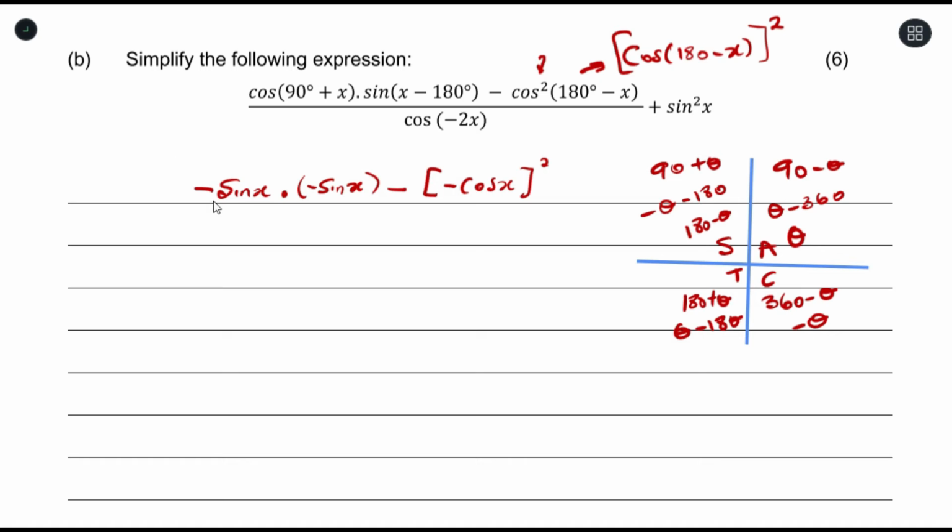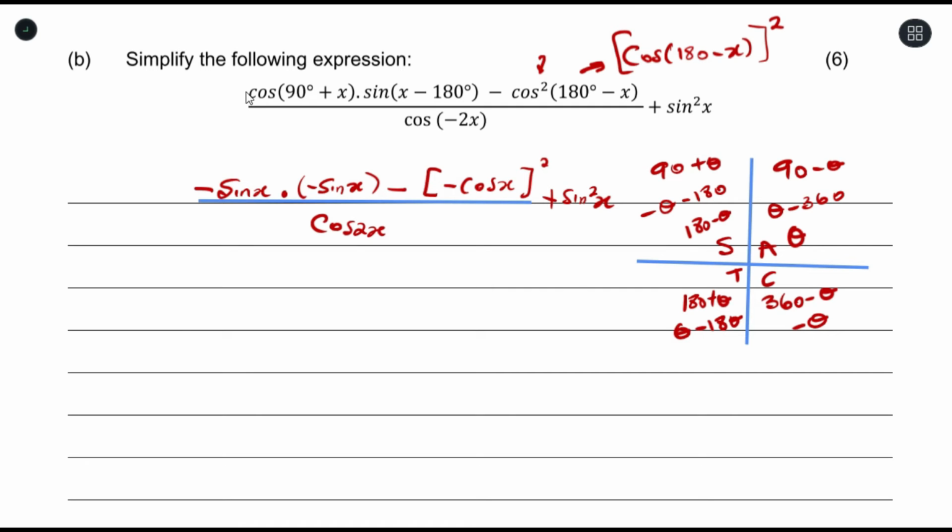Now all this is over cos(−2x). Negative 2x is in the fourth quadrant because that's negative theta, and cos is positive in the fourth quadrant, so this can be written as cos 2x. And you have plus sine squared x, okay?